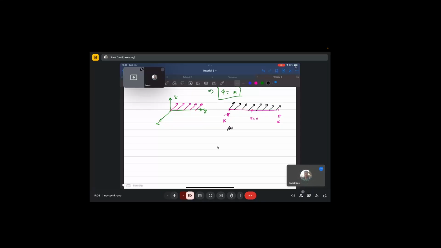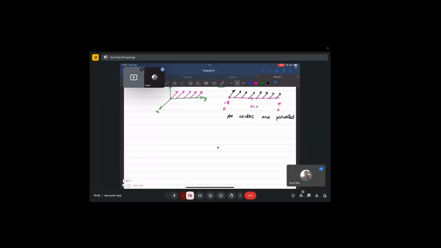Although from the drawing it doesn't look like it, all vectors are parallel. What that means is that at each k point the wave function is directed along the same direction, along the minus x direction.